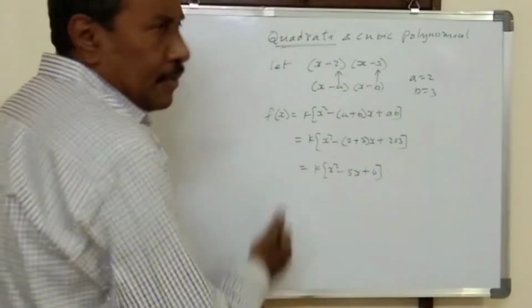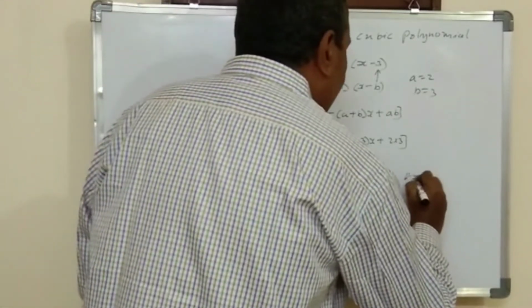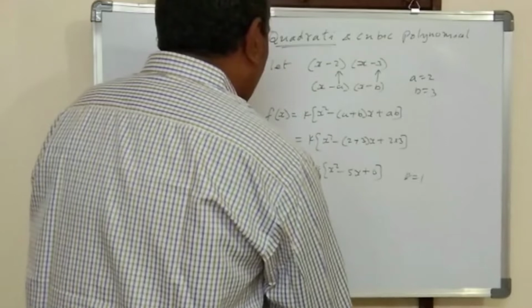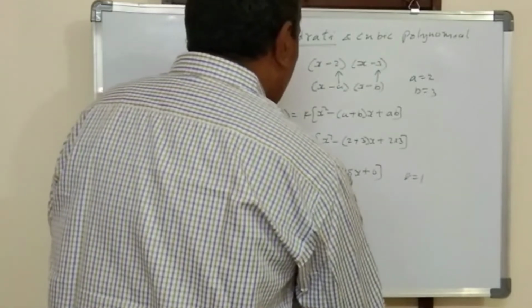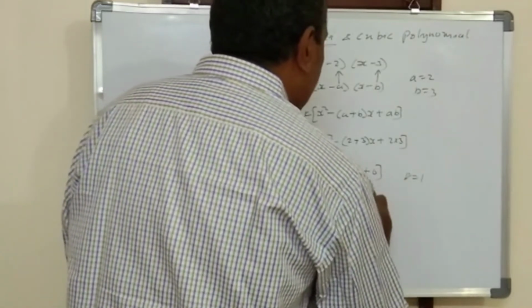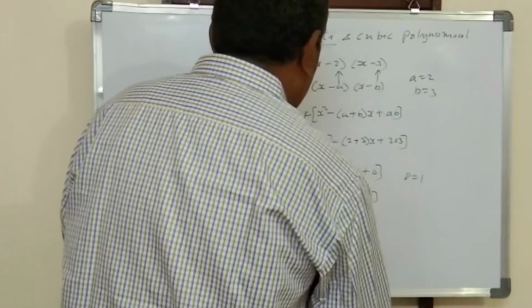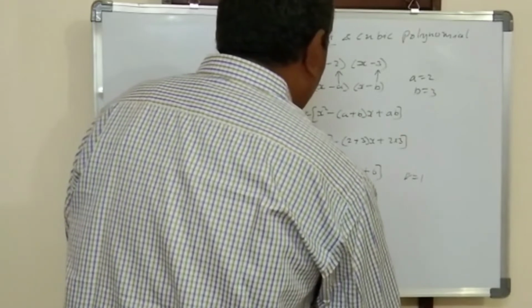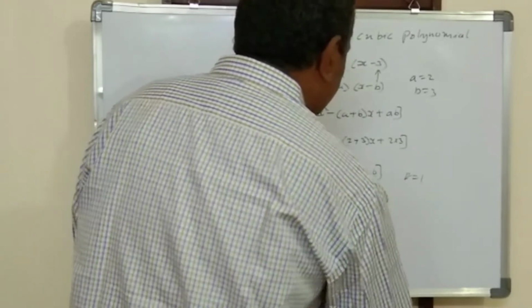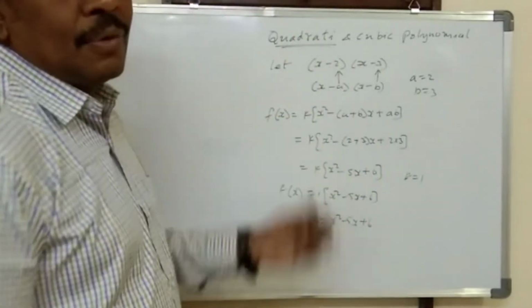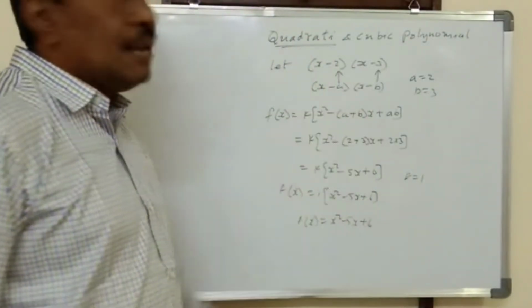You can take any value of k. Let k be equal to 1. So f(x) is equal to x square minus 5x plus 6. Like that we can form a quadratic polynomial by using its factors.